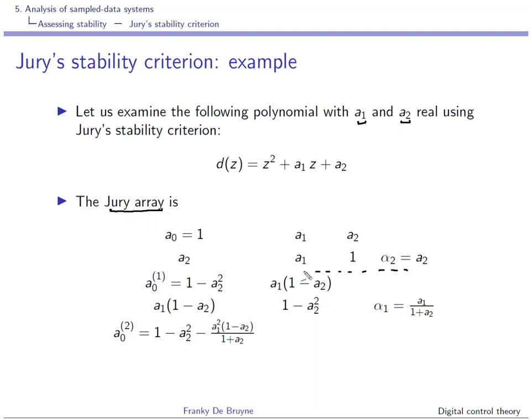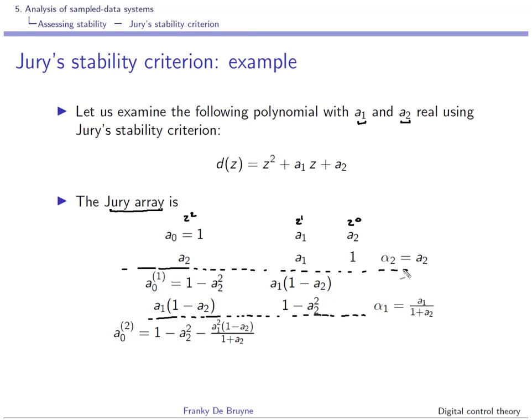What you see over here is the power of z squared, z1, z0. So we have the sequence, a0 is 1 here, a1, a2. We revert the sequence, and then we are ready to construct this part over here.